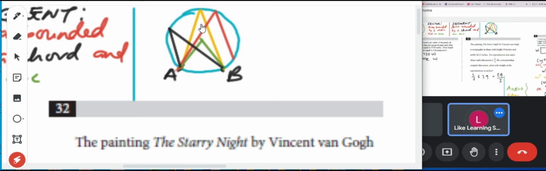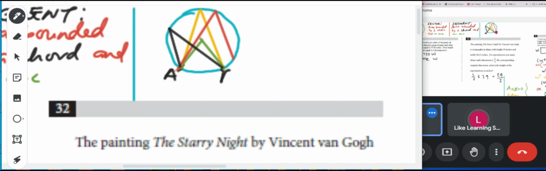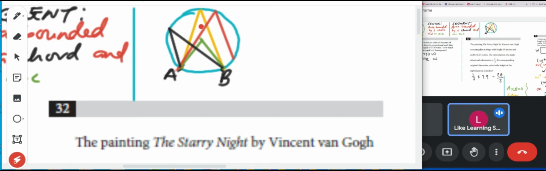Do you understand what I mean? Yes, sir. Which colors are all resting on AB? Only the black, the yellow, and the green. The red is not resting on them. The red is the odd one out.